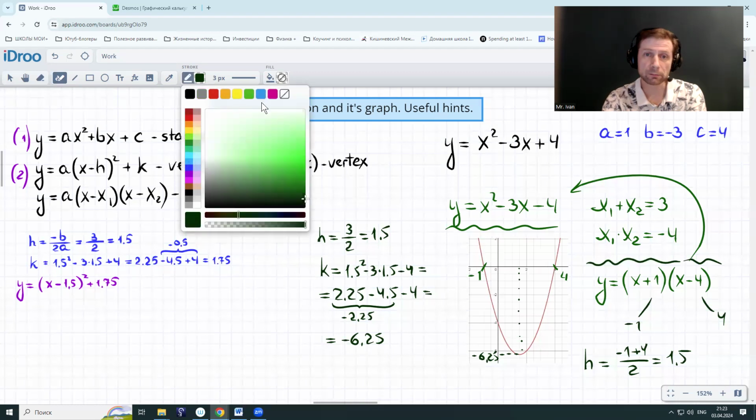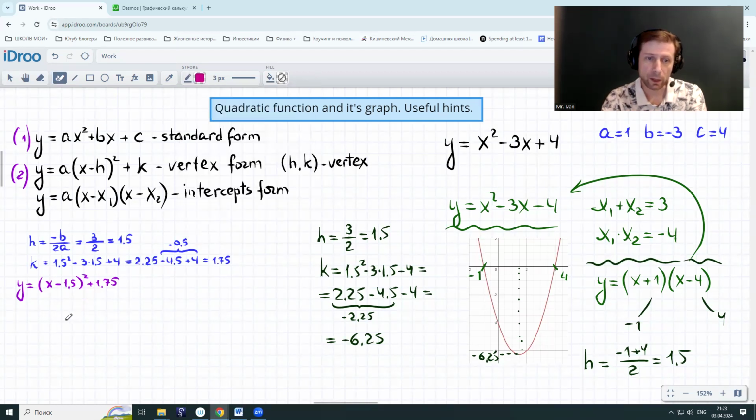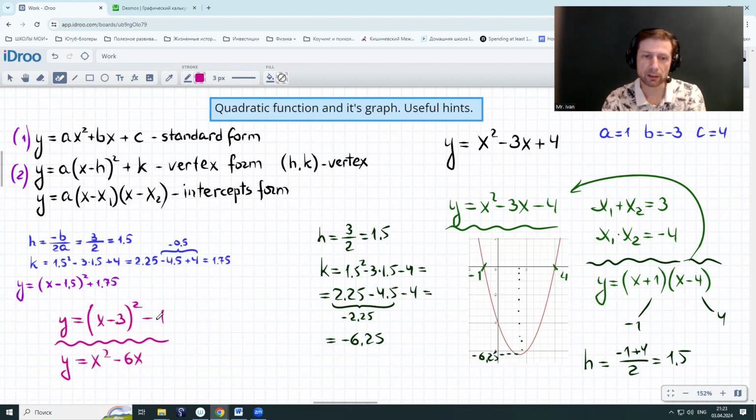If I put it like, let's say, y equals (x minus 3) squared minus 1, so 3 is the vertex, and if we expand the parentheses, we'll get y equals x squared minus 6x plus 9 minus 1, plus 8. So that's the standard form of this equation.